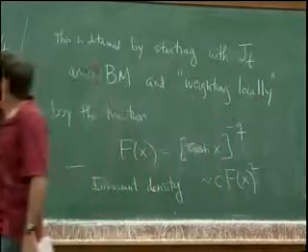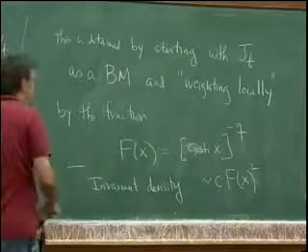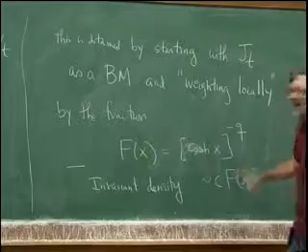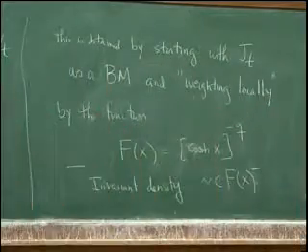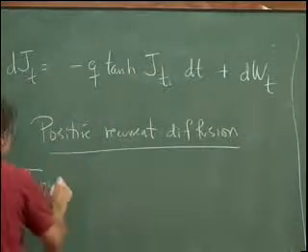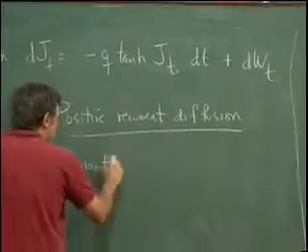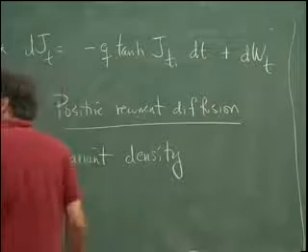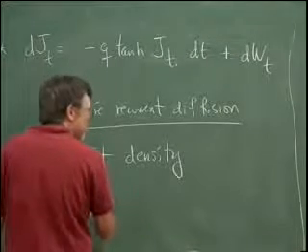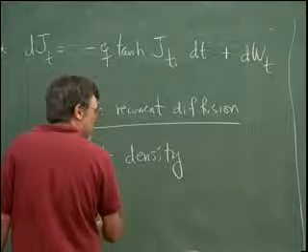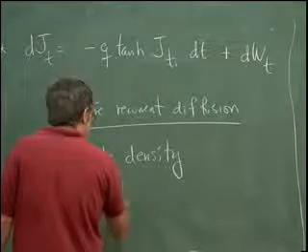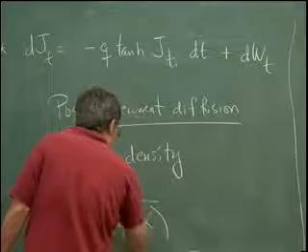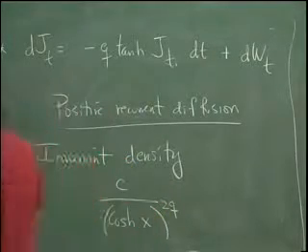So for here, that's my drift, but my capital F is cosh x to the minus q. The invariant density is, in fact, a constant times cosh x to the 2q.